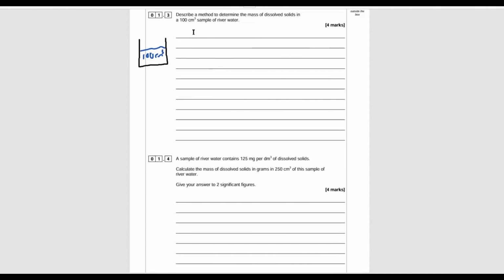I'm going to say, and they might not have this on the mark scheme, but I'm going to go for it anyway. Measure out 100 centimeters cubed using a measuring cylinder. You could use a volumetric flask if you like, but that would be my opening point.